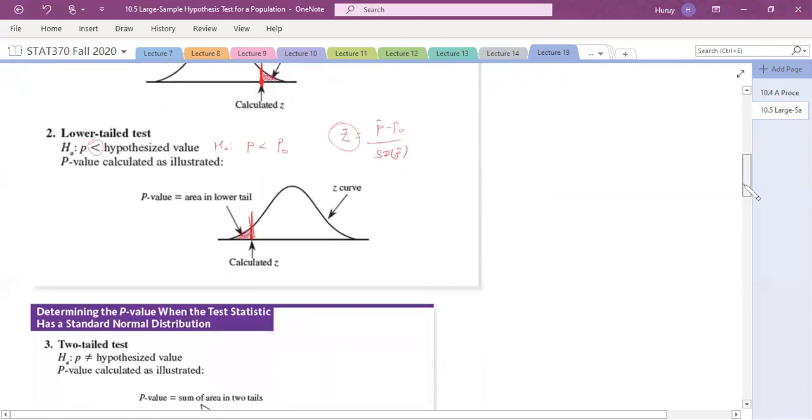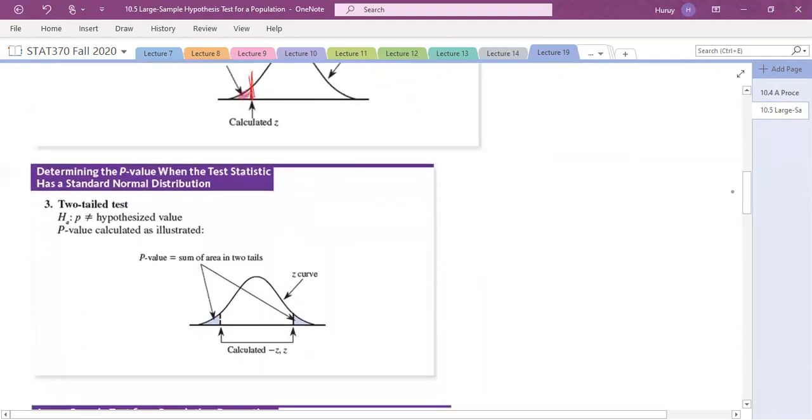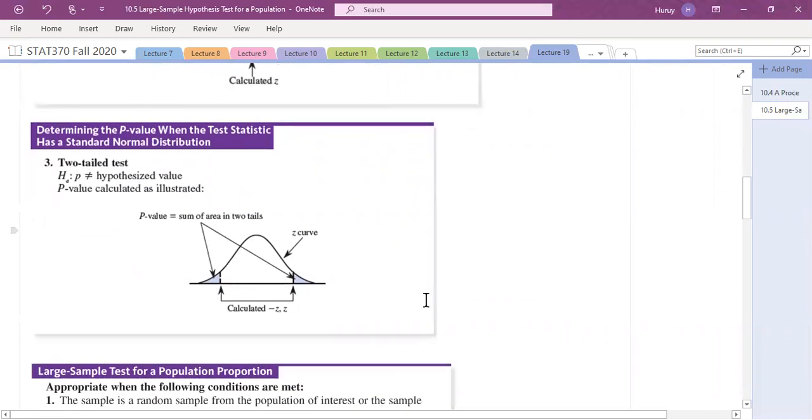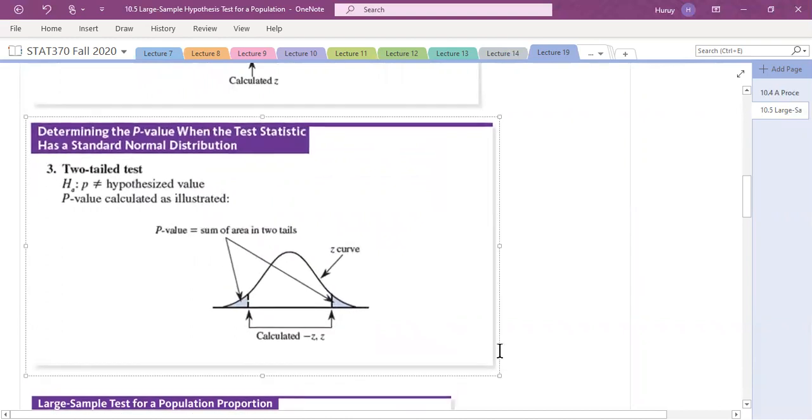And the third one is the two-tailed test. Here we have h sub 0 and h sub a, p not equal to p sub 0. In this case, again, remember the z doesn't change; we use the same formula.